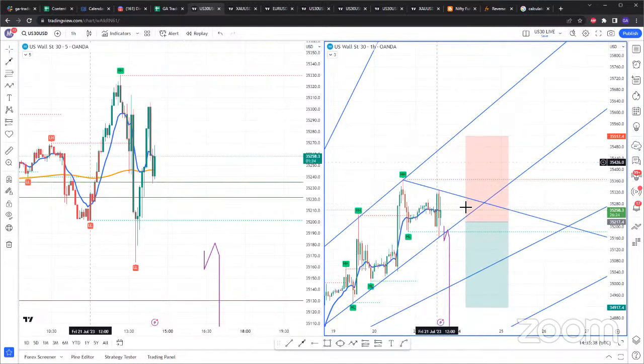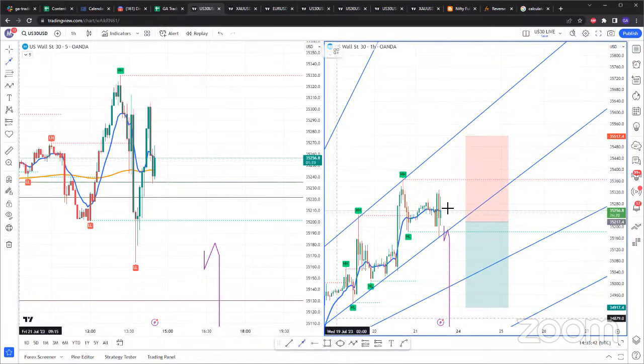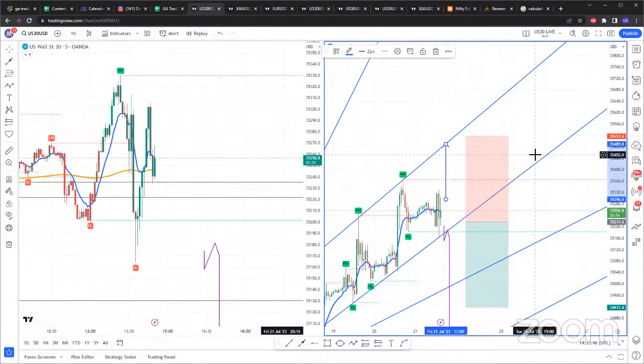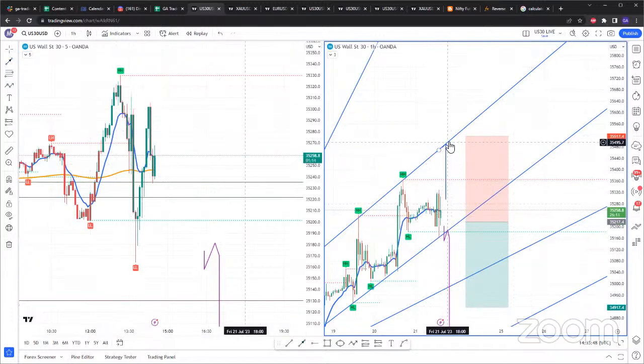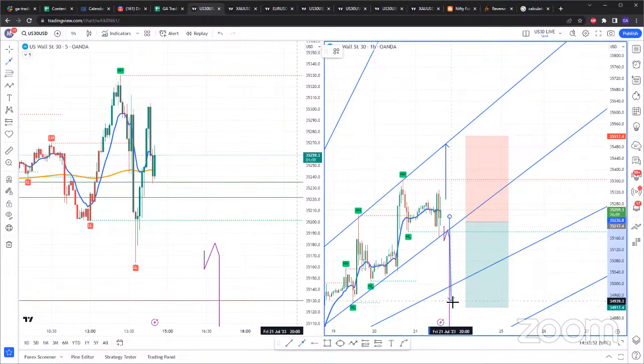I know this is a static trend line. So ask yourself, based off of your analysis, what's the probability that US 30 will come here? Now, if you find that the probability for this is higher than the probability for this, then I would say stick to that analysis, if that makes sense.